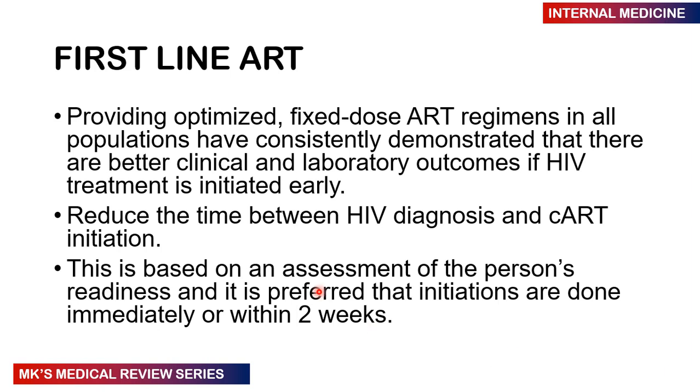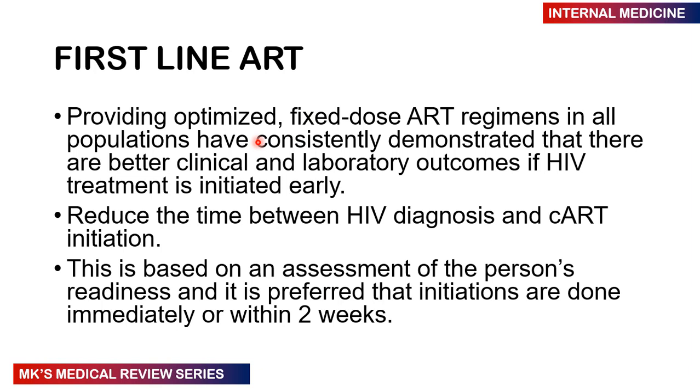Now, what are the first line regimens? So remember that this is going to be providing optimized fixed dose regimens in all populations, and this has actually shown that you get better clinical results and better laboratory outcomes if you start the treatment early.